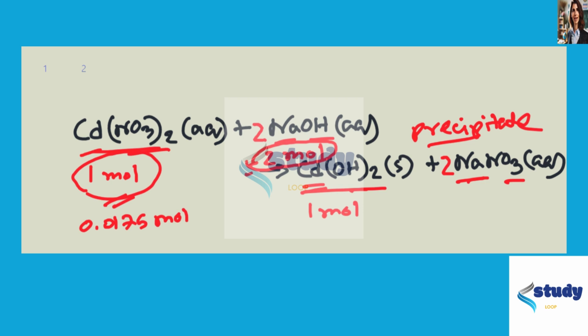And if we want to form a precipitate of the 0.0175 mole cadmium ion, we will need 2 times this amount. That means the number of moles of sodium hydroxide we require is 2 times this.